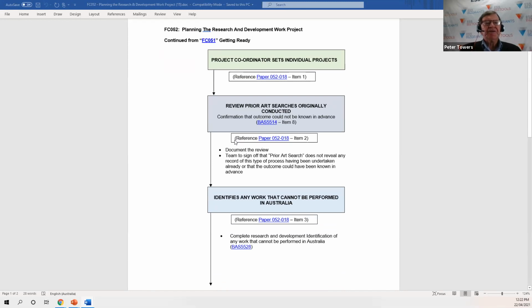It's very important that if someone's searching the internet and they've found some information, they just don't read it and say, oh, that tells us that someone has not got what we're proposing to develop. It needs to be printed and dated so that there is documentary evidence to submit to the ATO and AusIndustry in the future that this follow-up processing was actually done.